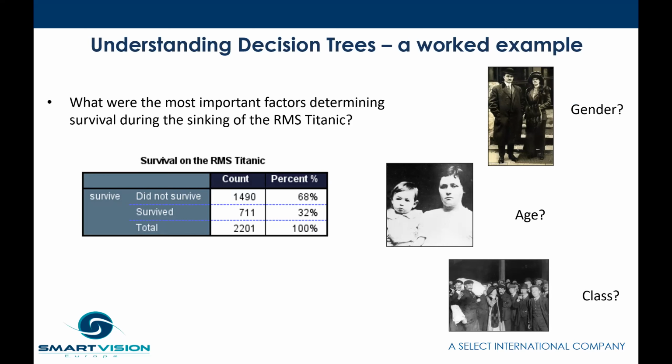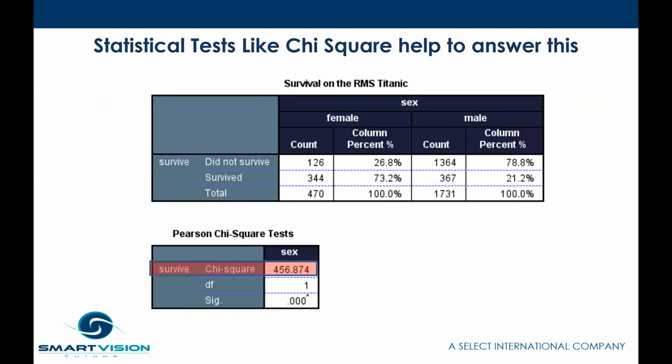It's not obvious. So one of the things that we use classical statistics for, of course, is to try and identify what are the most important factors driving an outcome. And if we're doing it on a case-by-case or factor-by-factor basis, then in this case, we might be using something as simple as a cross-tabulation table, and requesting in SPSS, for example, that it also displays chi-square values for us.